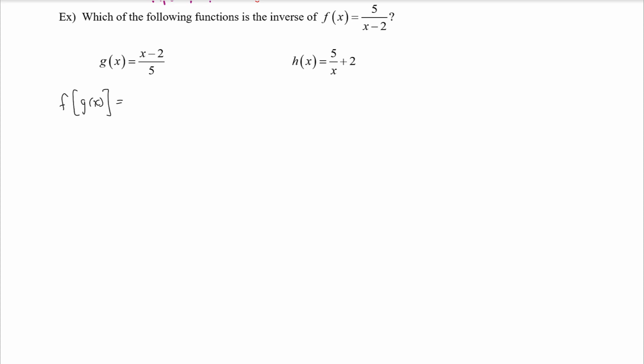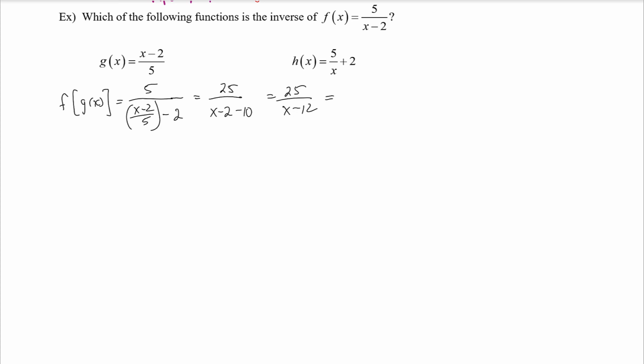So if I take this function g and plug it into f, let's see what we get. This is why we studied composite functions before this, because I'm now going to plug g into f, multiply the top and bottom by 5. So if I plug g into f, it returns back to me 25 divided by x minus 12.